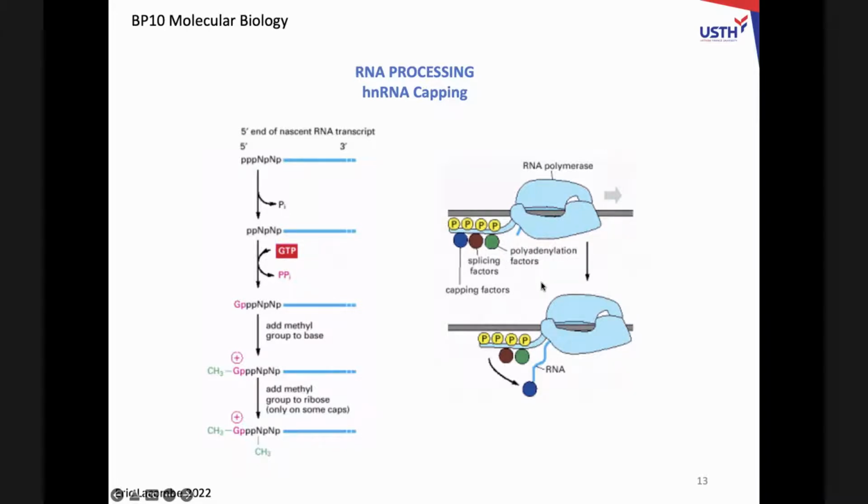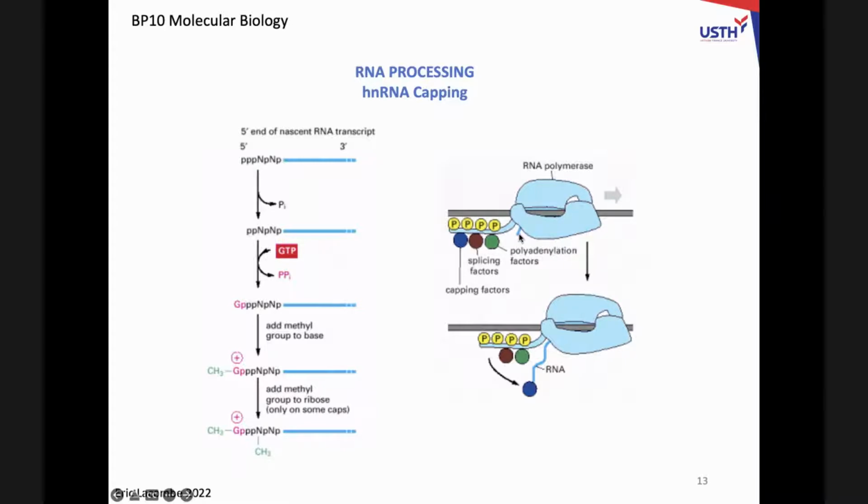So as soon as the polymerase starts its job of synthesizing RNA, it can be active only if it's phosphorylated. But once it's phosphorylated, the C-terminal tail can interact with plenty of different complexes that will be implicated in the processing of the new RNA.